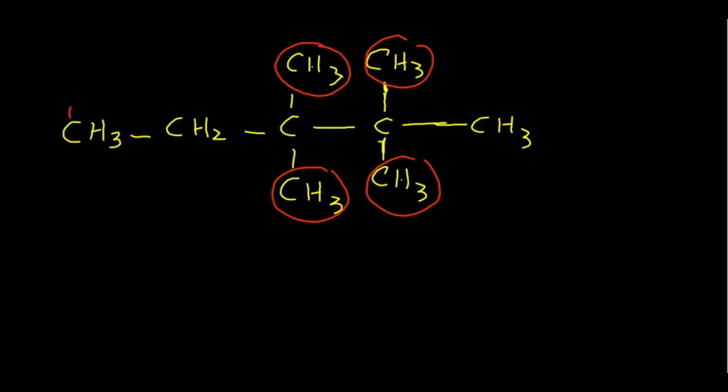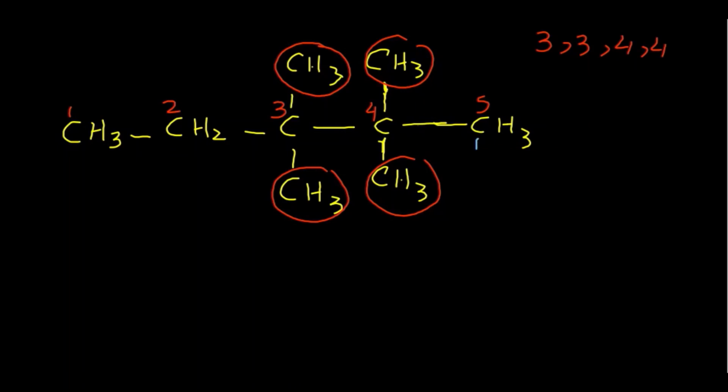We find the parent chain. Now if we do the numbering from the left side, 1, 2, 3, 4, 5, two methyl radicals are present with carbon number 3, and two methyl radicals with carbon number 4: 3, 3, 4, 4.